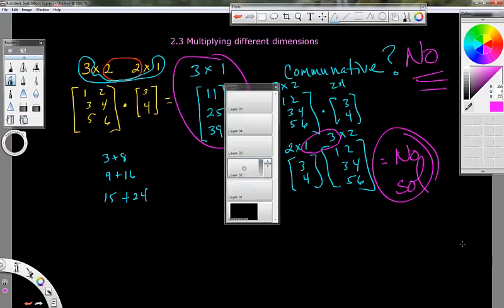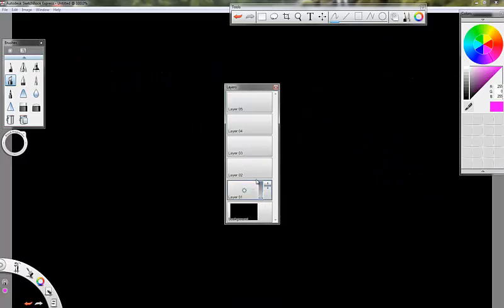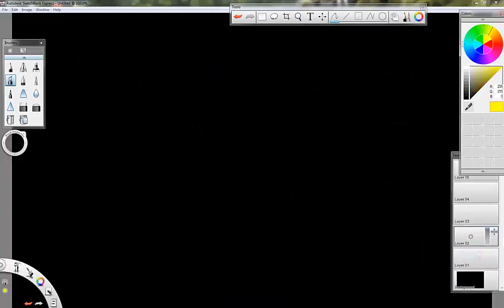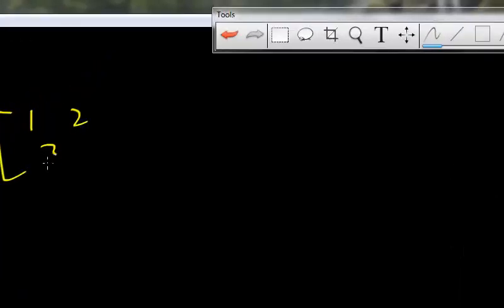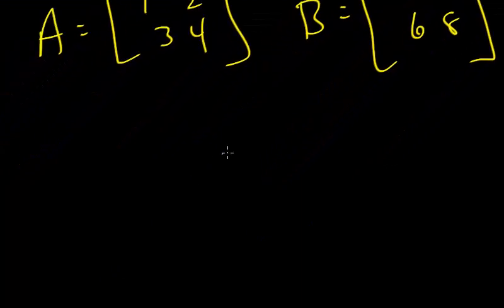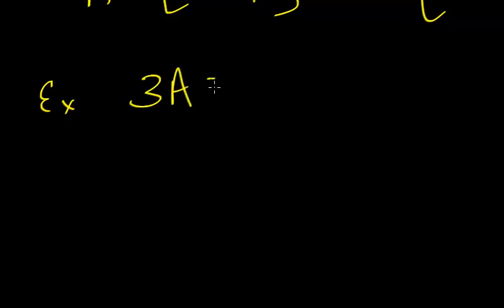So let's do one other little example here before I quit, since I have you. Okay, real fast. We're going to define two matrices, A as 1, 2, 3, 4, and B. I just want to show you a concept here of 2, 4, 6, 8. And let's say I wanted to do two examples here. Example 1, 3A.